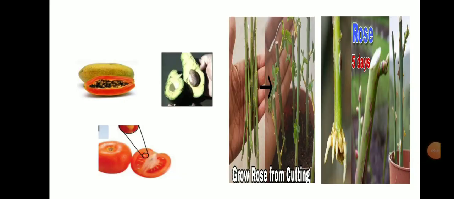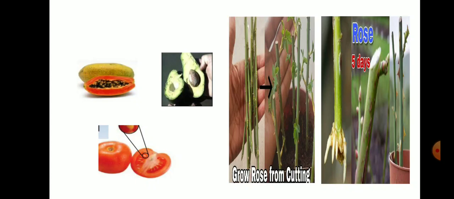In the case of plants, reproduction is seen through seeds and stems. For example, plants like papaya, tomato, mango and chili produce seeds, and a seed grows into a new plant. Now this is called reproduction in plants.